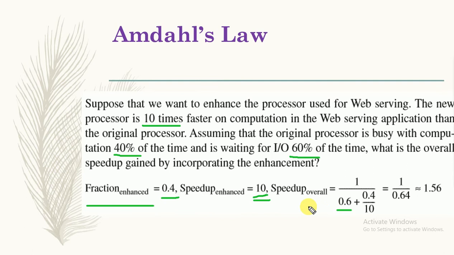Plus fraction enhanced, that is 0.4 again, divided by speed up enhanced, that is 10. Then after evaluating this formula we get 1 divided by 0.64, which is equivalent to 1.56.